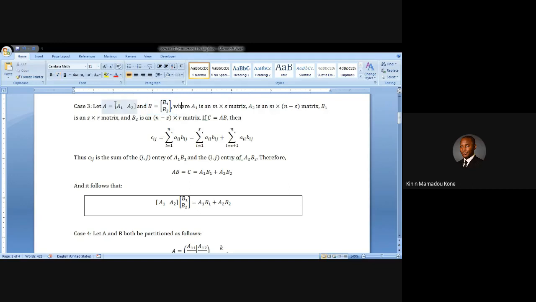In order for you to be able to do the product A times B, the number of columns of this submatrix over here has to be equal to the number of rows of that submatrix over here.